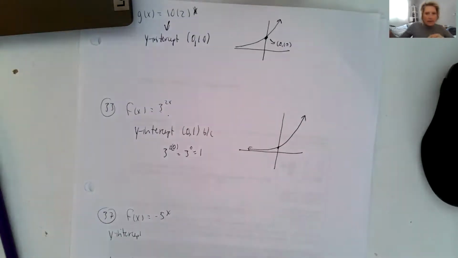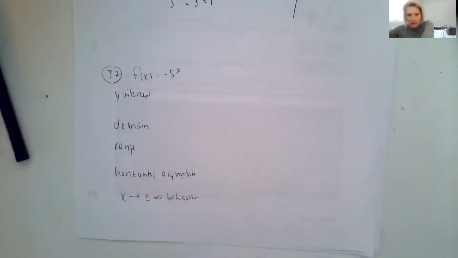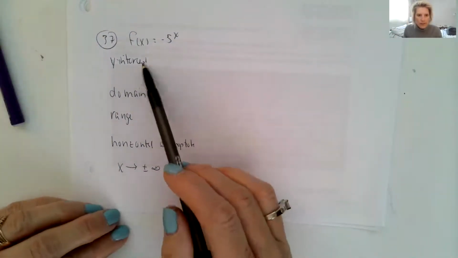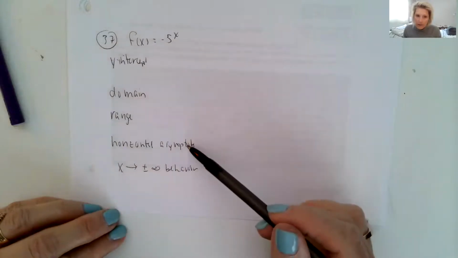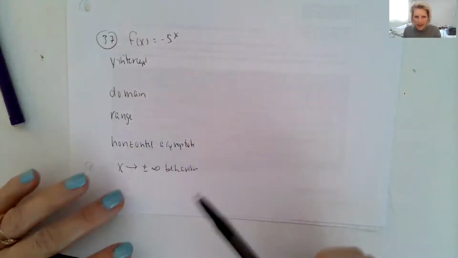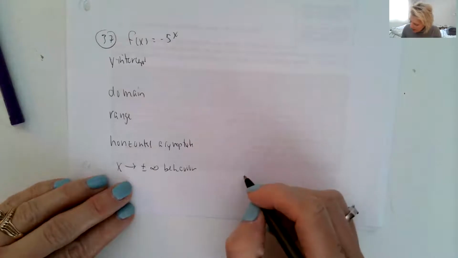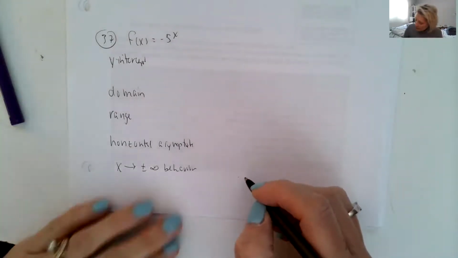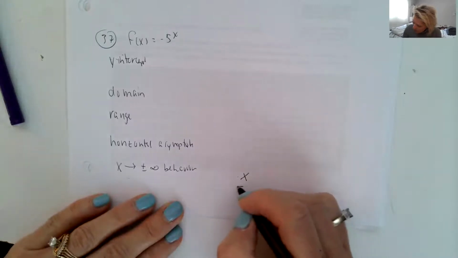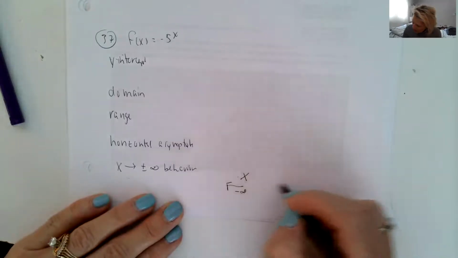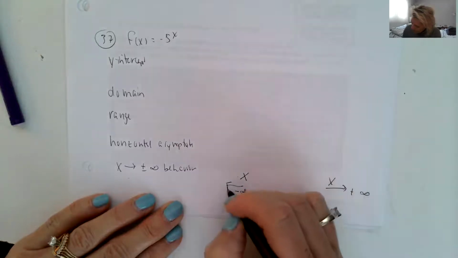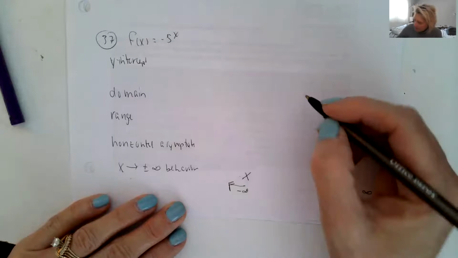Okay, 37 is asking us to answer a few more questions. It's asking us to find the y-intercept, the domain, the range, the horizontal asymptote, and the behavior. So as x is going to negative infinity, and as x is going to positive infinity, what is going on with our function?